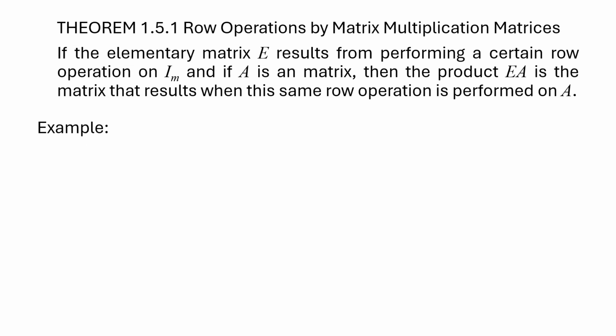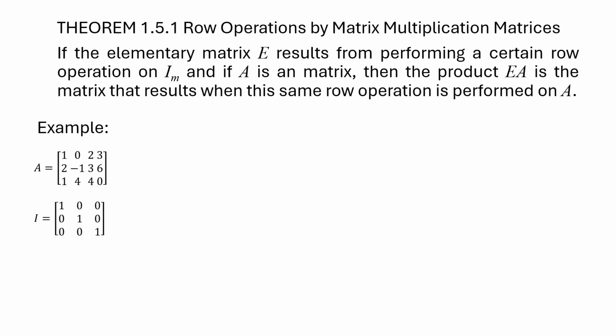So let's have an example. Consider the matrix A with elements 1 2 1, 0 negative 1 4, 2 3 4, 3 6 0. And then we also consider the identity matrix.